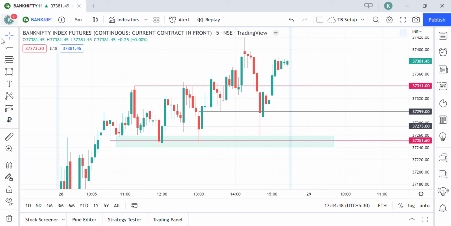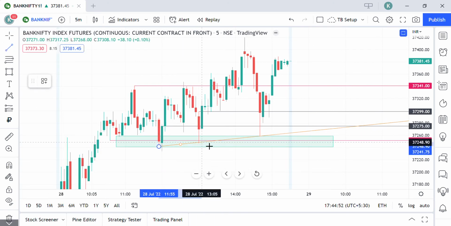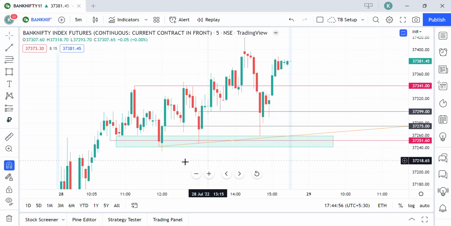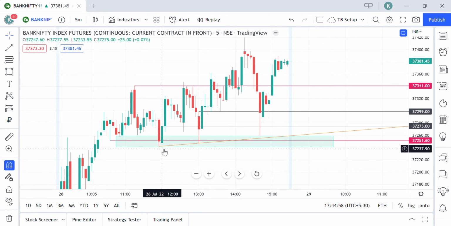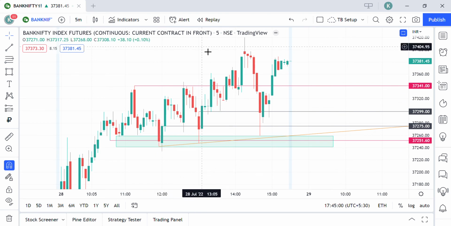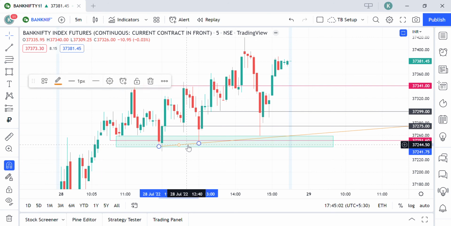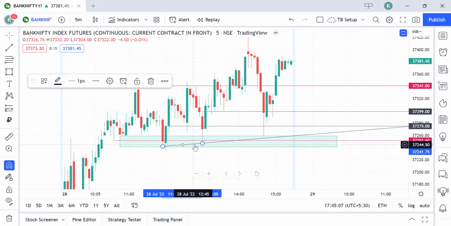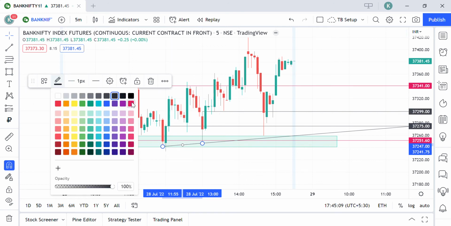Now, how do we do that? We draw a slope wash line. A wash line is the point where a high has been tested, not pierced, but the price again makes a reverse direction. I would like to mark this in black color.